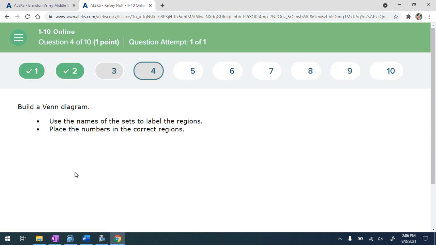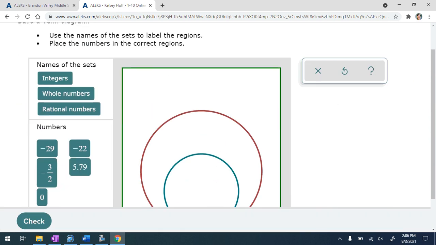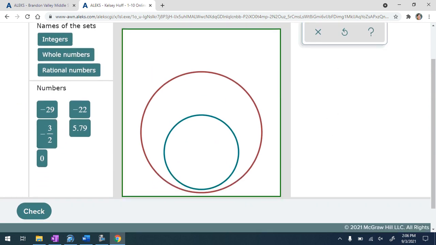Venn diagram. Okay, remember how Venn diagrams work is everything in this blue circle actually also belongs to the red circle and also belongs to the green square. So what they want us to do is use these 3 labels to label the 3 sections. And then we need to put the number into the lowest category that we can get it to.